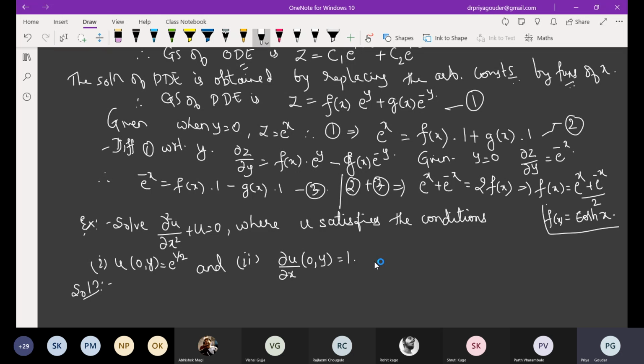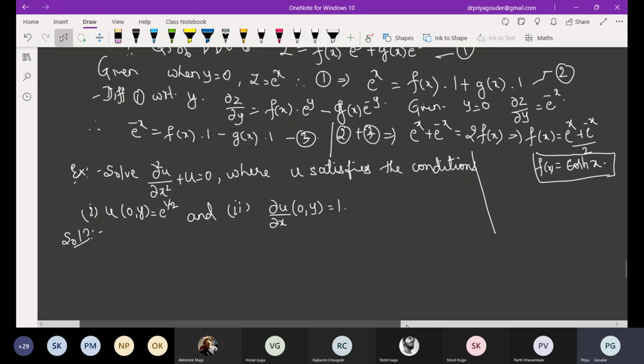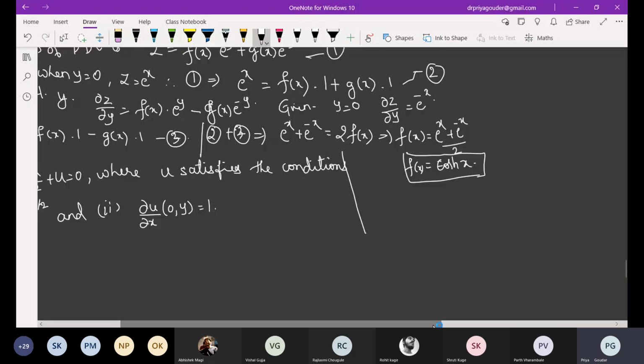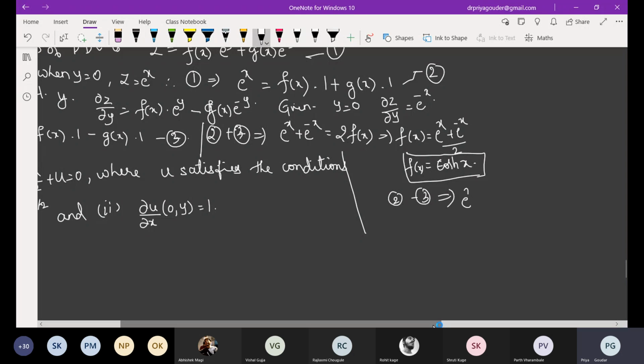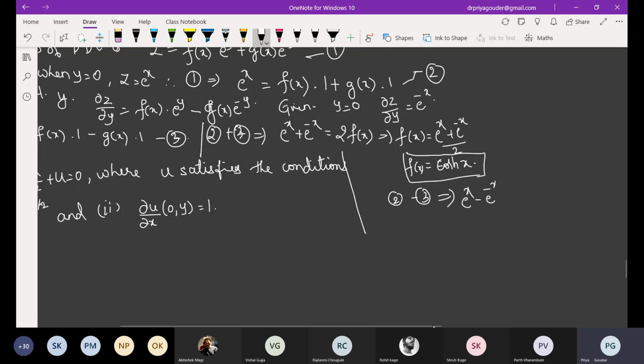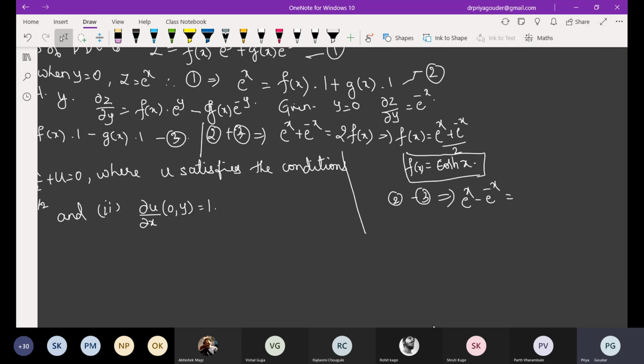Similarly, how can I get g of x very easily? Minus. Yeah, take equation 2 minus equation 3. So equation 2 minus equation 3 will give us, see, LHS part: e raised to x minus e raised to minus x is equal to, if you subtract, f of x minus f of x will be 0.